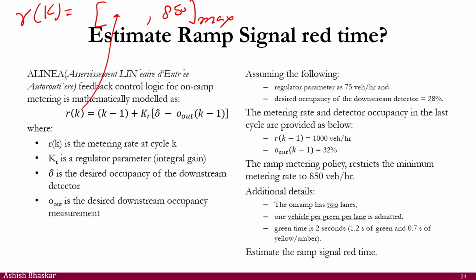But the green time they have given is 2 seconds, because this is an on-ramp. This is a ramp meter, right? It's just a green flashing and then red holding, because you are only allowed to enter once in each green. You just flash the green. That has been fixed, around 2 seconds, more or less fixed. If you want less, they will get frustrated.